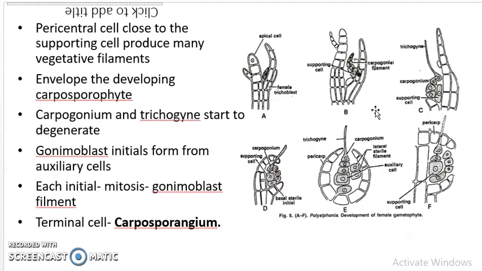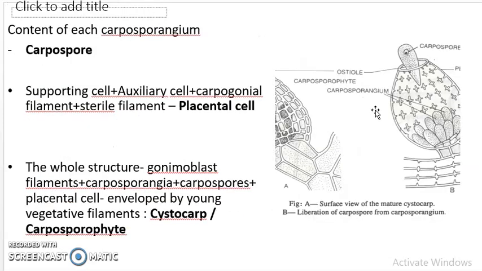You can see from the figure, the whole structure gives the urn-shaped structure known as the cystocarp or carposporophyte, which is the second life cycle phase of Polysiphonia, but it is diploid. All the haploid cells degenerate or fuse to form the placental cell. Its sheath is known as the pericarp.